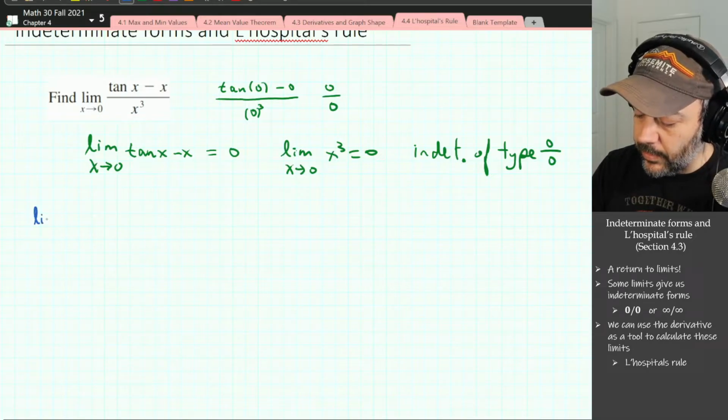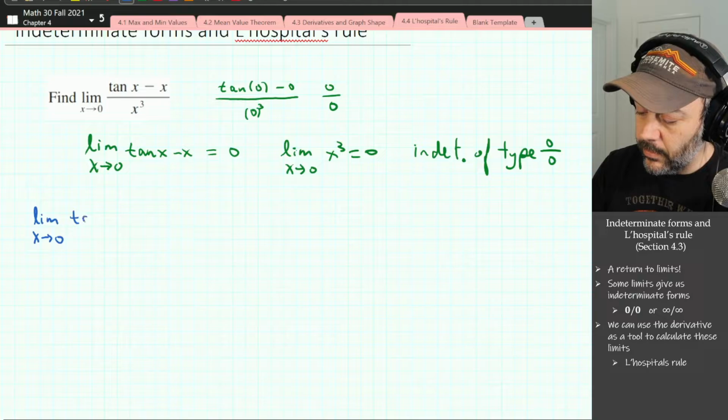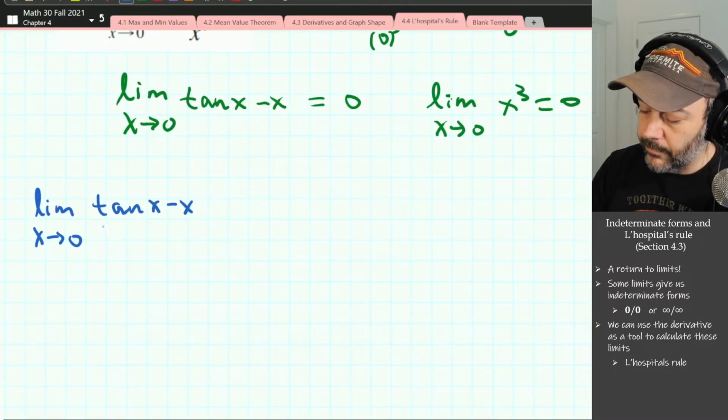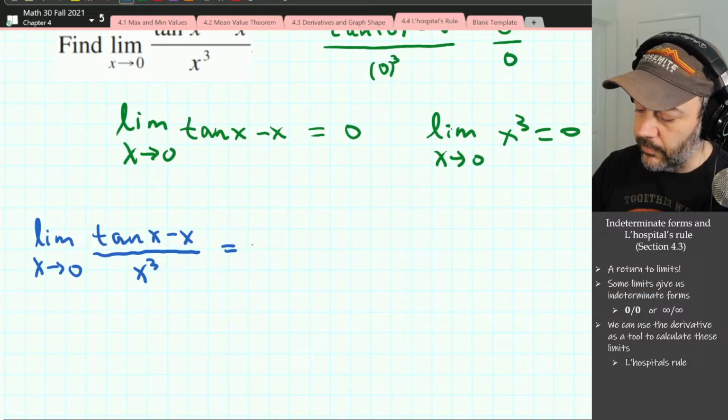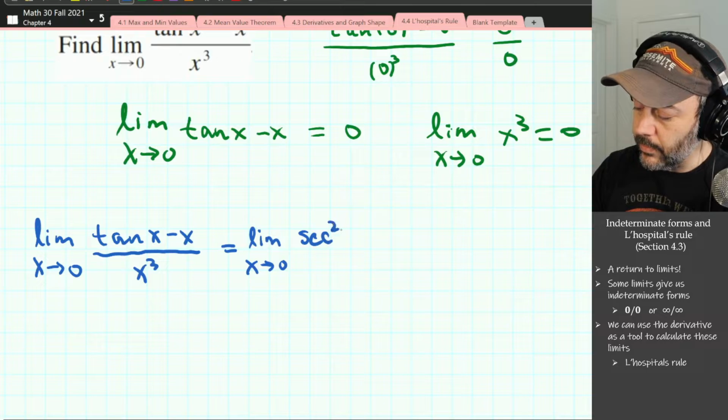So the limit as x goes to 0 of tangent x minus x over x cubed will be equal to the limit as x goes to 0 of secant squared x minus 1 over 3x squared.